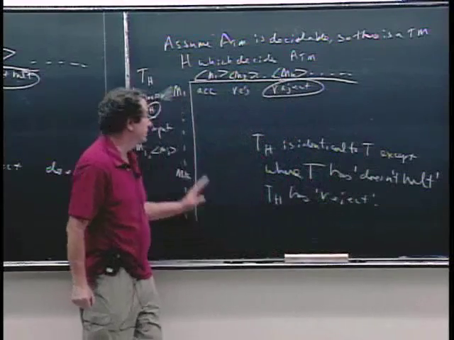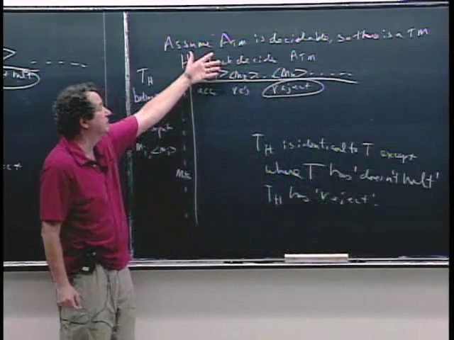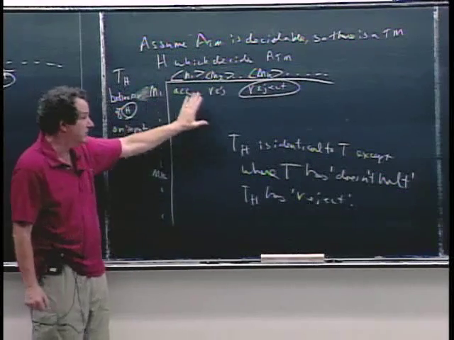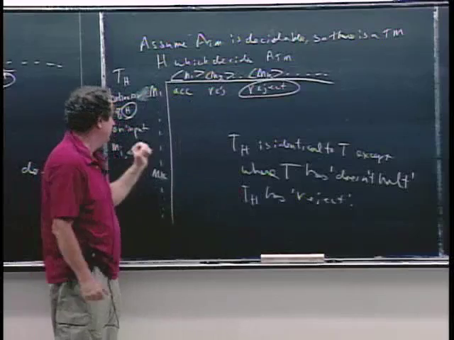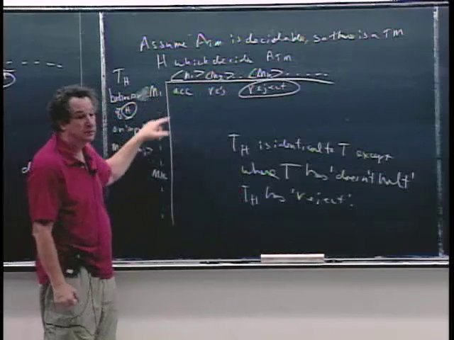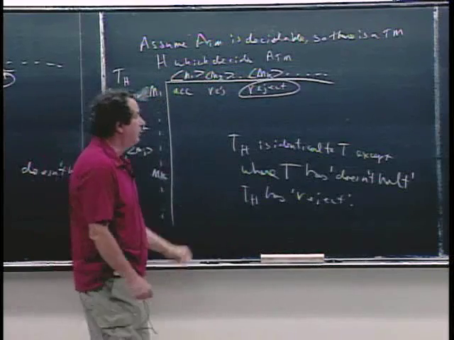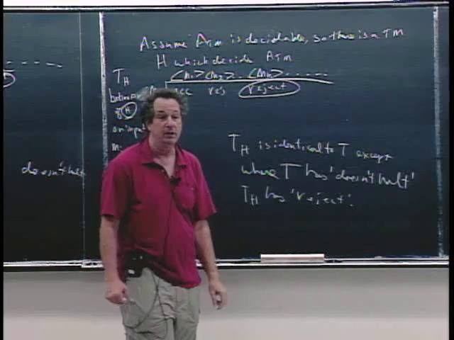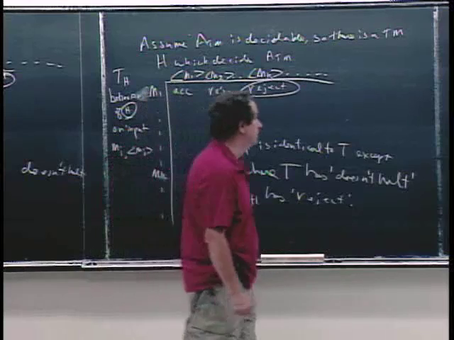Okay? So this is a description. On the assumption that ATM is decidable, there has to be a Turing machine H which has this kind of behavior on this kind of input. All right? So now, on the assumption that Turing machine H exists, I'm going to describe another Turing machine that has to exist.